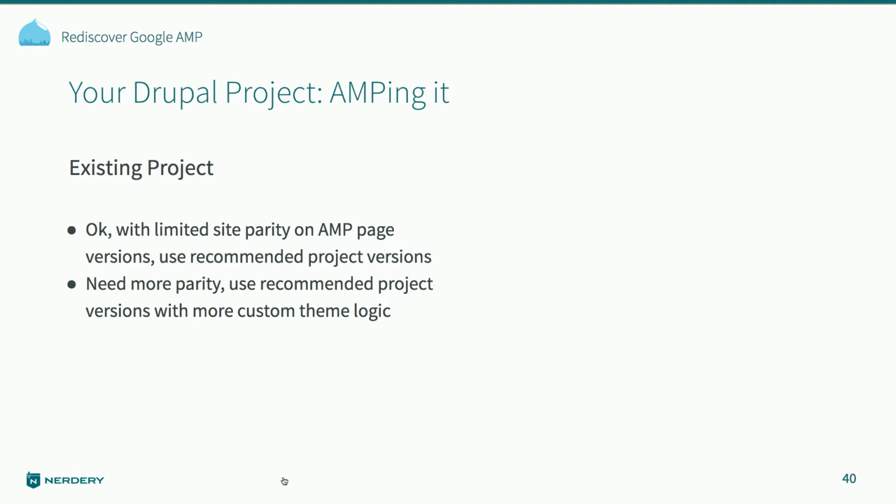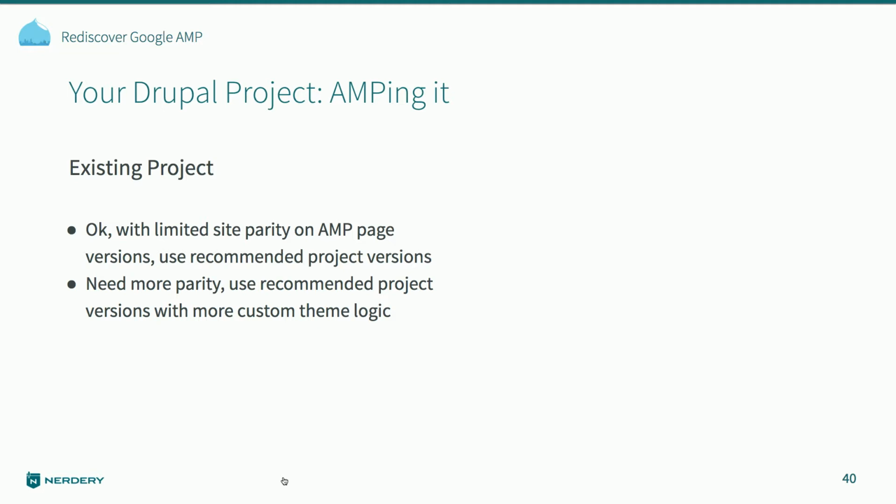If you need more parity, so you have your current site with a lot of features built into your content and you want similar features, you're going to have to do a lot more work.